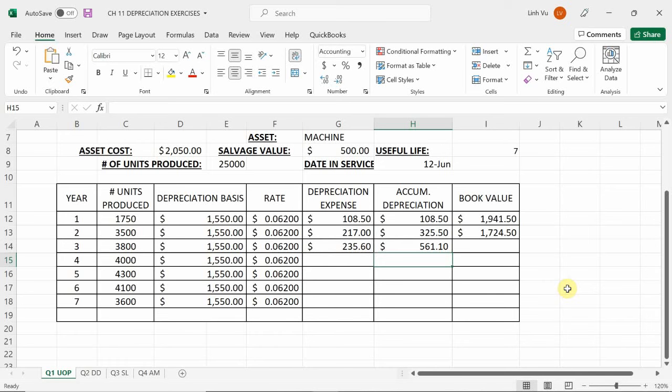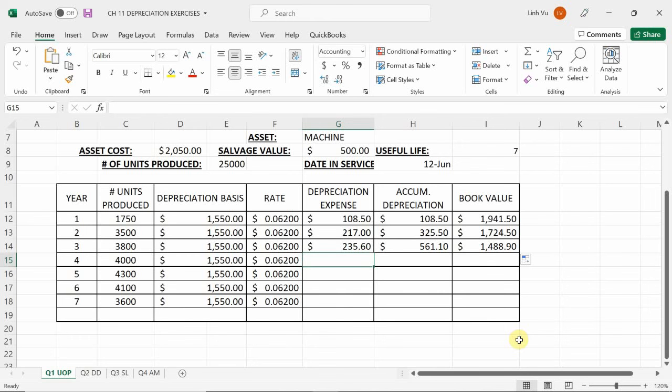Good. Okay. So then what is going to be my book value as of year 3? 1488.90. Good.